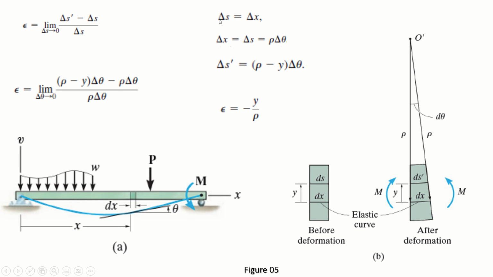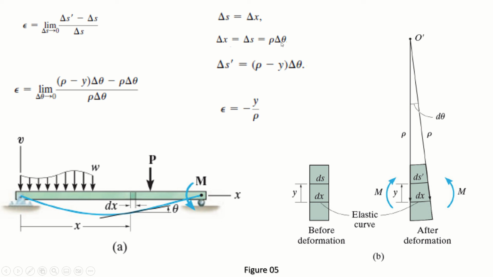Now you know that ds is equal to dx. See here, ds is equal to dx, and dx is equal to ds is equal to rho into d theta. See, this is your dx, which is the length of the curve, this is your radius of the curve, and this is your theta. So it is a very simple formula that length of the curve is equal to radius times the internal angle.